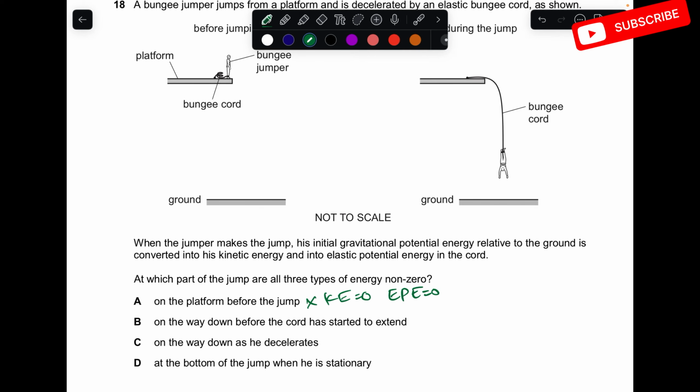On the way down before the cord has started to extend, the elastic potential energy will be zero, so this is not the option. On the way down as it decelerates, when the cord stretches, at this point GPE is not zero, kinetic energy is not zero, and elastic potential energy is also not zero because the cord is stretching. It's option C that is correct.